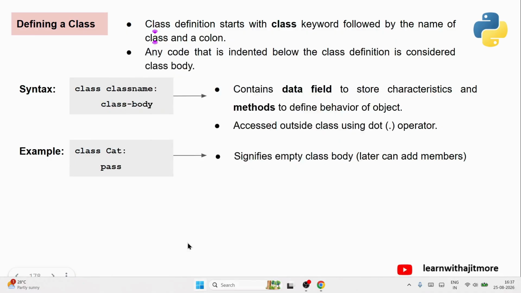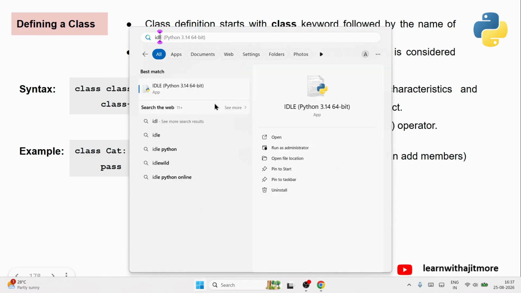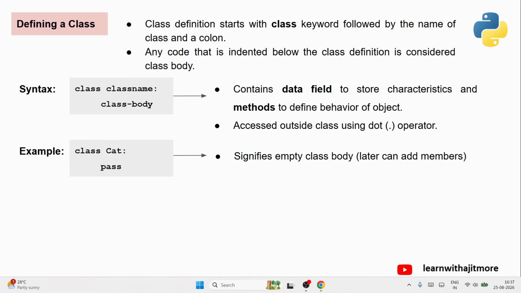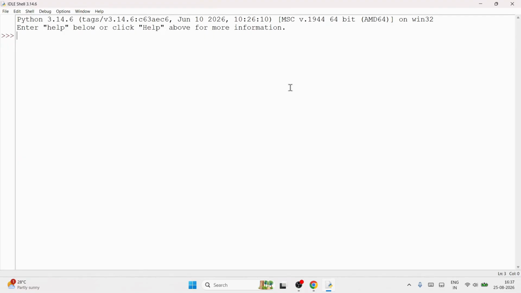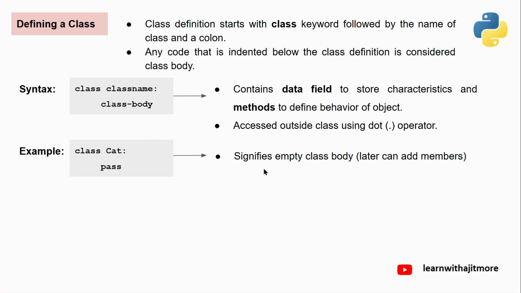I'll just show you here. I'm just creating one class cat and pass. This is just an empty class. The class is created, but it has no data and no methods. But in Python, it is allowed that you create an empty class and later add members in it.